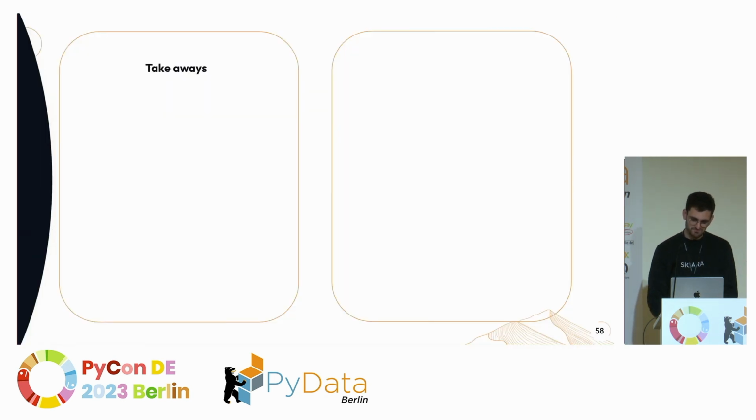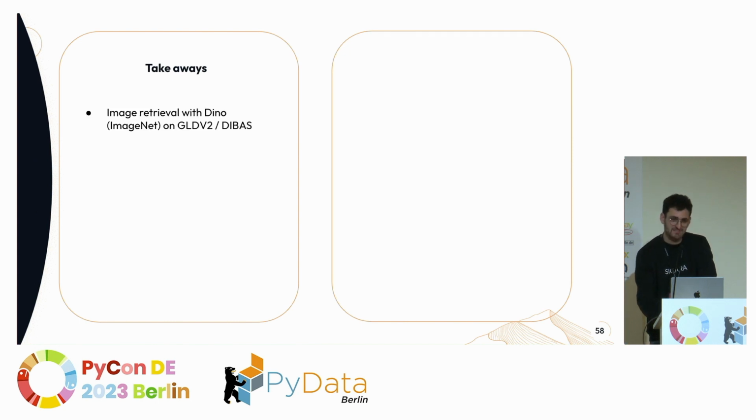So to conclude, some of the main takeaways of today is that we can build image retrieval with DINO pre-trained on a large dataset like ImageNet, to test yourself on datasets which are actually from a distribution which can be quite far away, like DBAS or Google Landmarks V2.